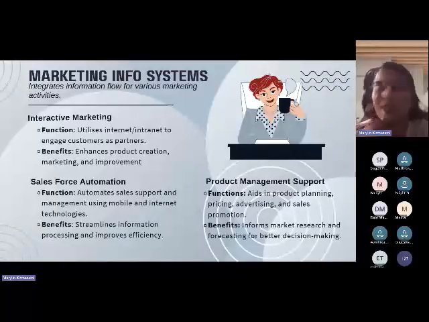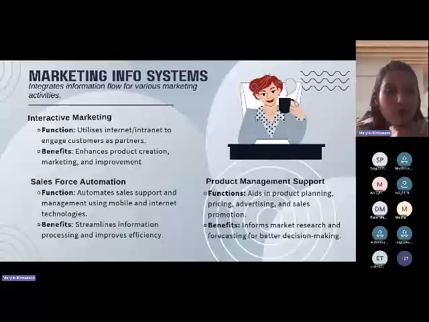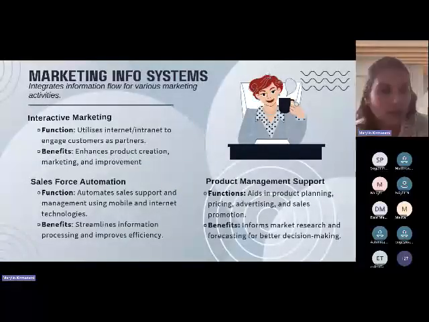And you also have real-time updates. So what that means is that your sales teams can access and update customer data from anywhere. And that also improves your responsiveness to your clients' requests, etc. Okay. Are there any questions regarding marketing information systems and Salesforce automation?